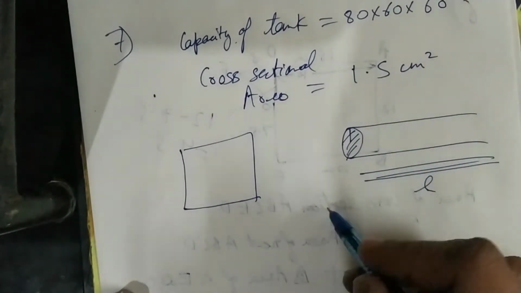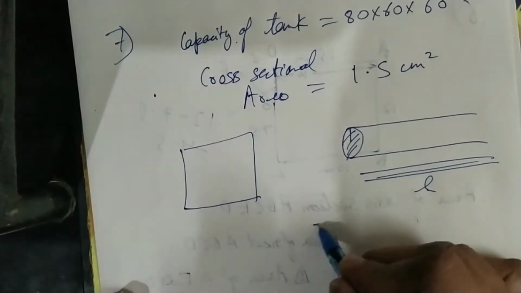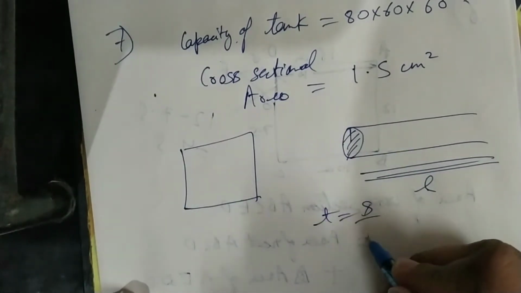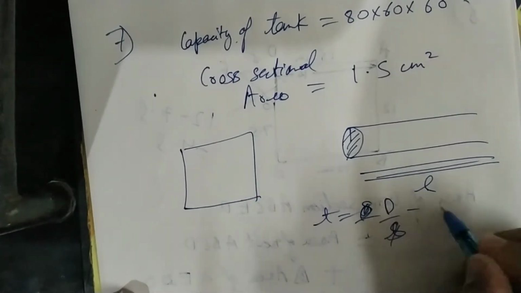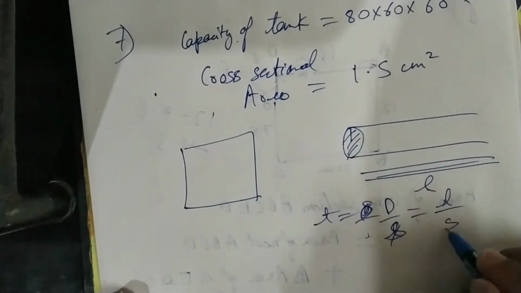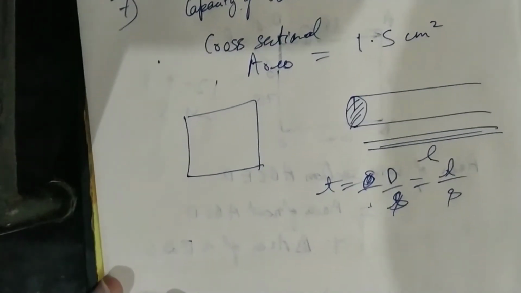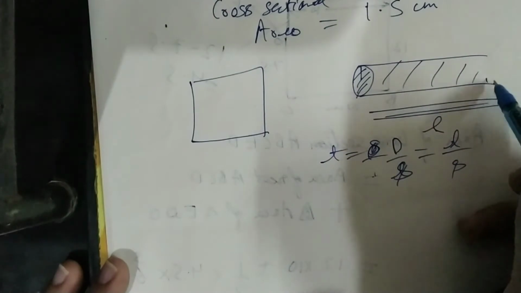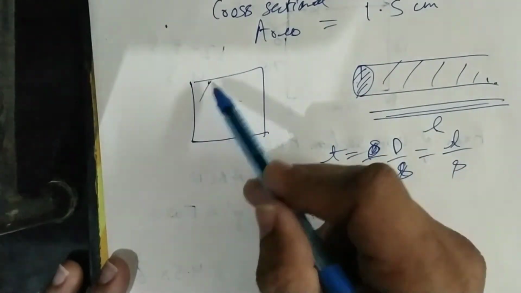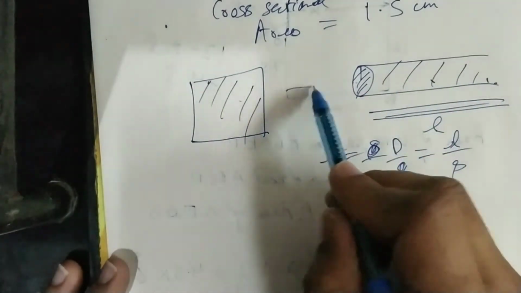The formula we will use to find the time is distance upon speed, that is length upon speed. First of all, we will find the volume of water, which is equal to the capacity of the tank. These two things must be equal.